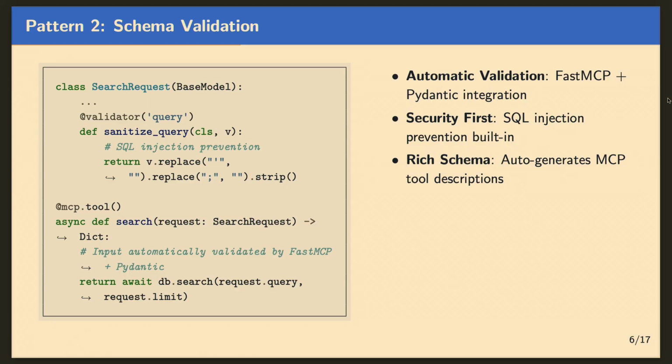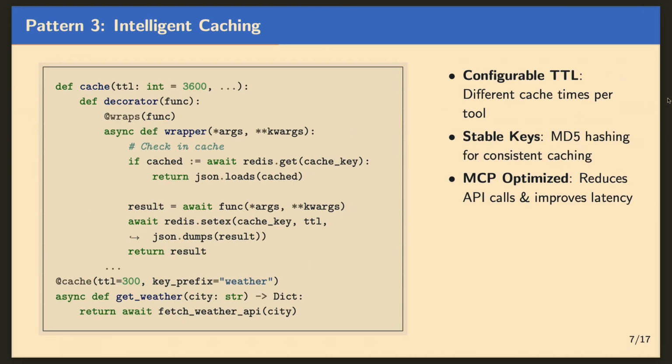So I take the base model and say, okay, replace SQL injection related stuff there, and finally send out that query for the actual DB search, right? This is a very common example in terms of SQL injection, but you can do a lot more in terms of validating queries, checking params which are being provided, or removing something, and whatnot.